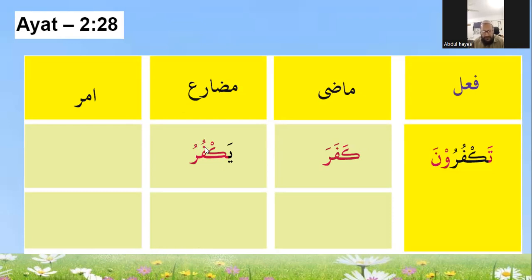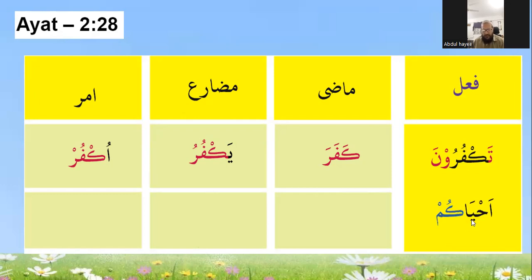How can we put the kasra here? Ukfur, not ikfur, because the end kalma is having dhamma. So the alif, the hamza wasl, must have dhamma. So kafara yakfuru ukfur.